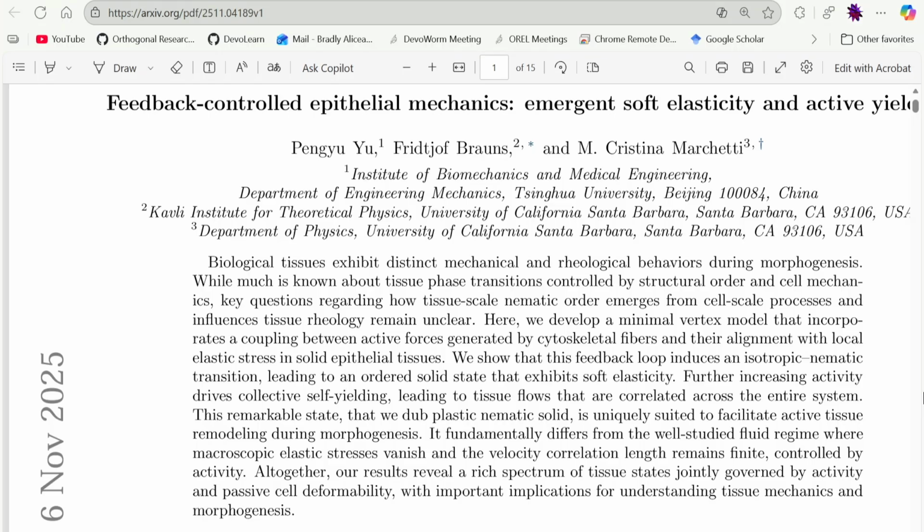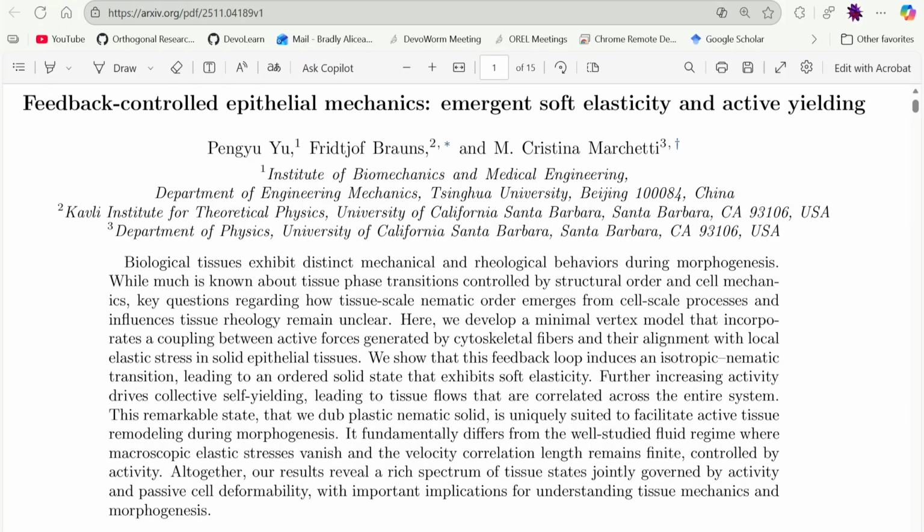All right, then, the abstract, let's go over that. Biological tissues exhibit distinct mechanical and rheological behaviors during morphogenesis. While much is known about tissue phase transitions controlled by structural order and cell mechanics, key questions regarding how tissue scale nematic order emerges from cell scale processes and influences tissue rheology remain unclear.